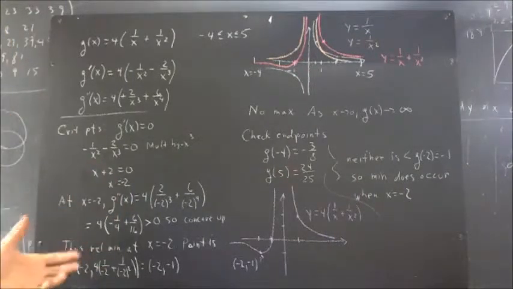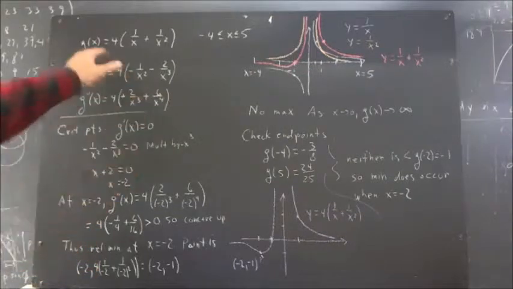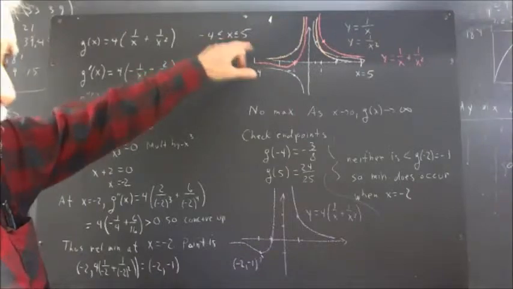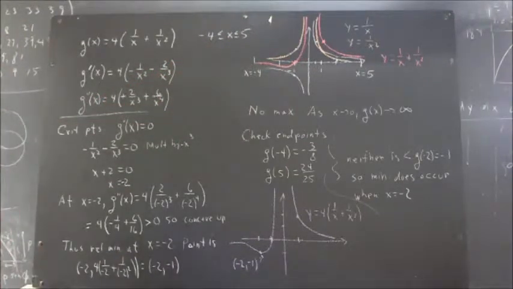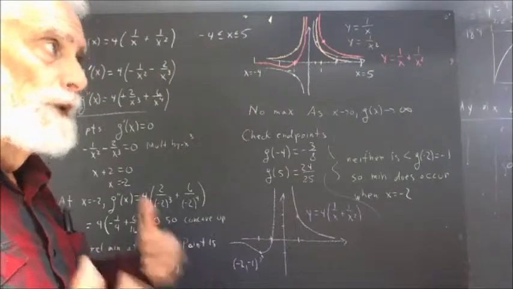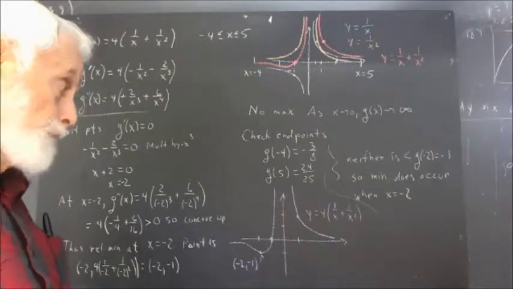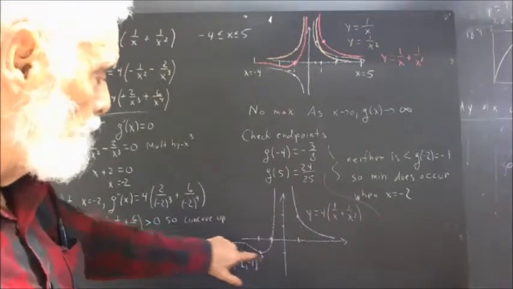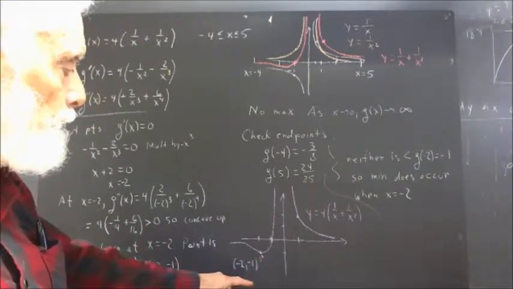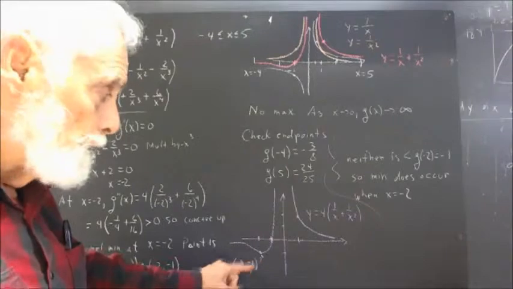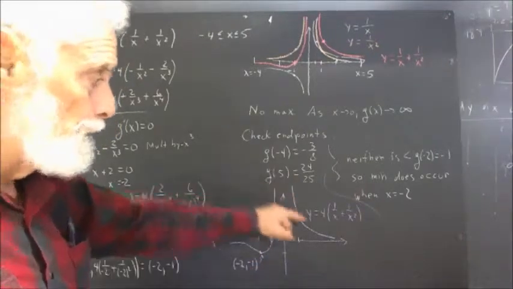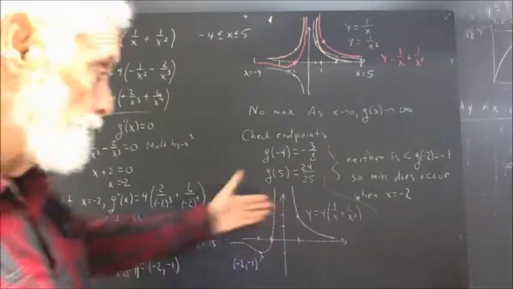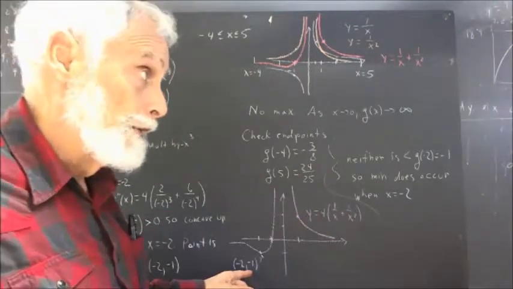The other thing about this problem is that this function is defined in the interval from -4 to 5, from x equals -4 to 5, and we're trying to find the maximum and the minimum on that interval. Okay, well, it's pretty clear from the asymptotic nature of this approach, this function's never going to go below y equals -1. And on this side of the axis, the function is always positive, so certainly we're not going to go down below y equals -1.